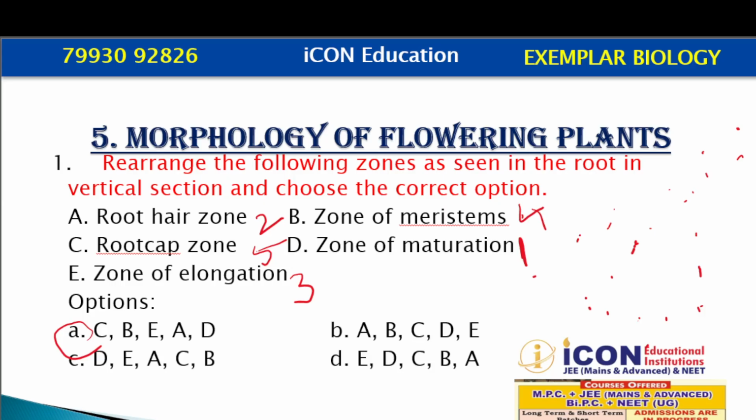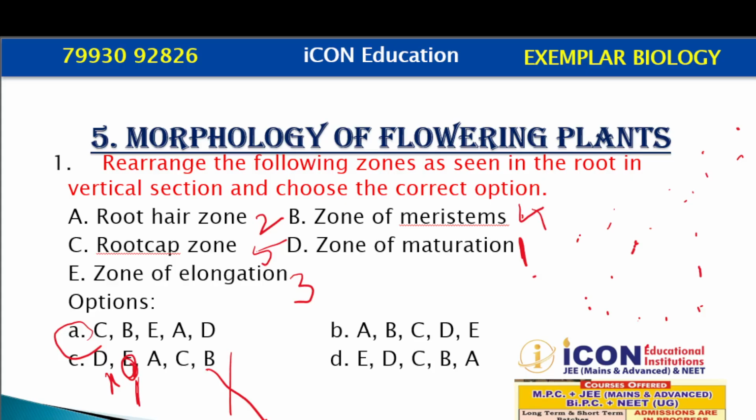But we are seeing that D first is there here. Then after D, A should come, but A is not there, E is here. So, we cannot go with this answer. So, the correct answer for the first question, rearrange the following zone as seen in the root in the vertical section and choose the correct option, is option A.